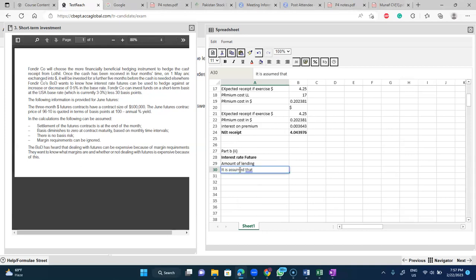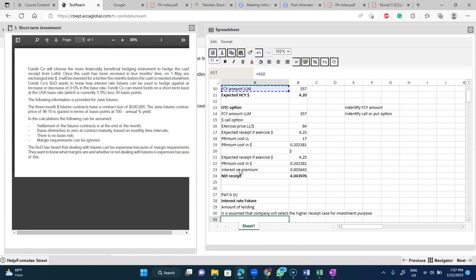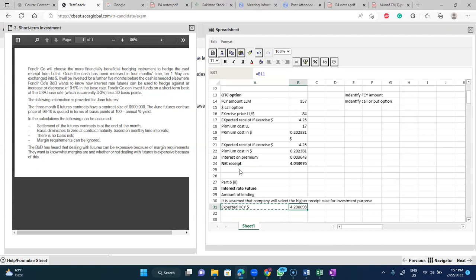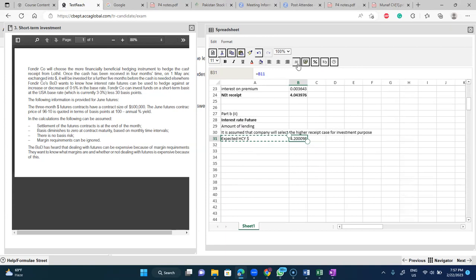Let's assume that the company will select the higher receipt for investment purposes. That is $4.2 million.